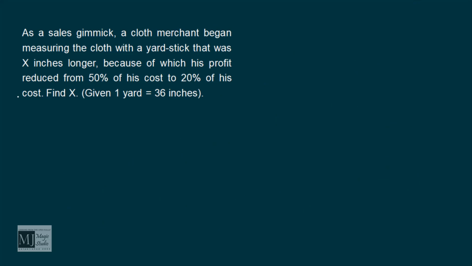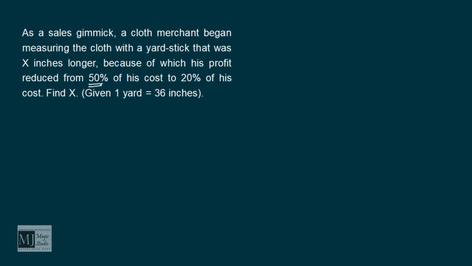Let's take up the next one. As a sales gimmick, a cloth merchant began measuring the cloth with a yardstick that was X inches longer, because of which his profit reduces from 50% of his cost to 20% of his cost.